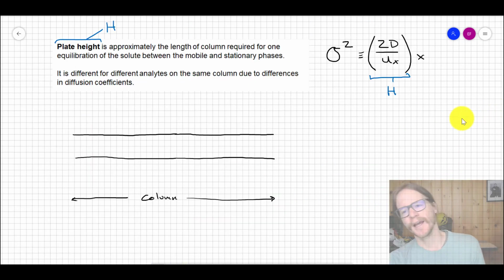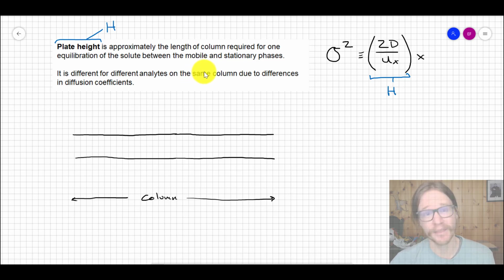So the plate height, or the theoretical plate height, just grab this out of your textbook, is approximately the length of column required for one equilibration of the solute between the mobile and stationary phases. This approximation comes from the fact that that's the variance, so it's roughly 1 standard deviation squared. So that's why it's approximate and not exact.